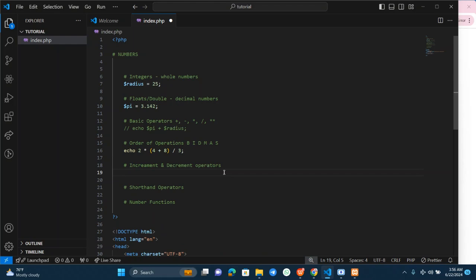So what are these operators? It's just like adding and subtracting, that is increment and decrement, increasing and decreasing. So we can have something like this, increasing radius plus 1.